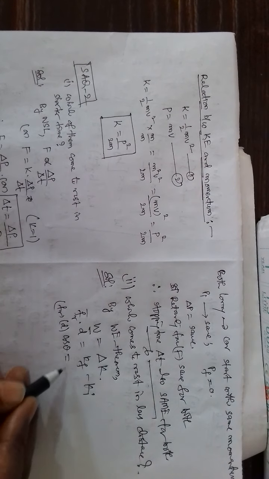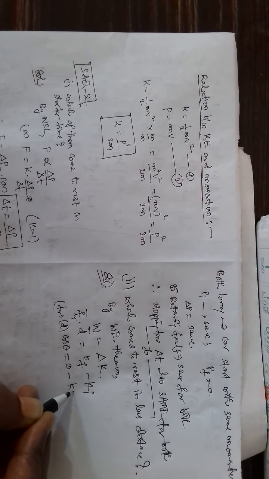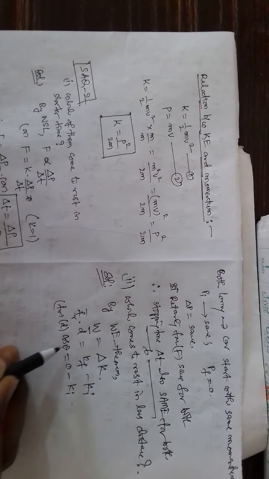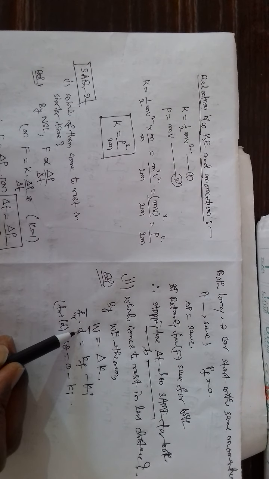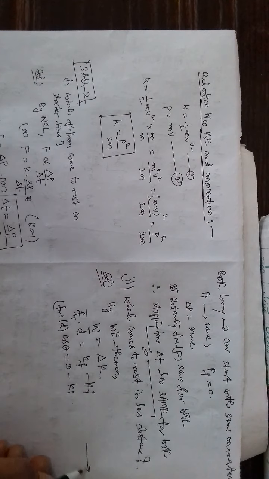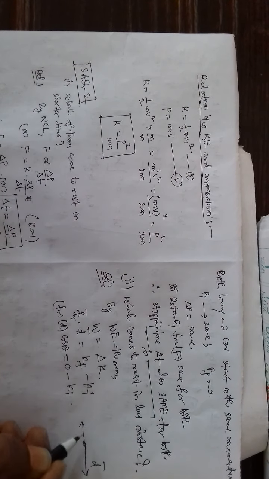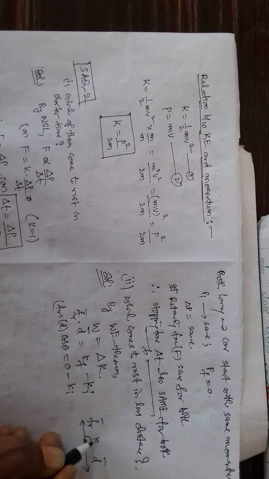Therefore, final kinetic energy is 0. What about theta here? What is the angle between stopping force and displacement? Stopping force is always in the opposite direction to the displacement. If the displacement is to the right hand side, stopping force is in the opposite direction. Always the angle between the two is 180 degrees.